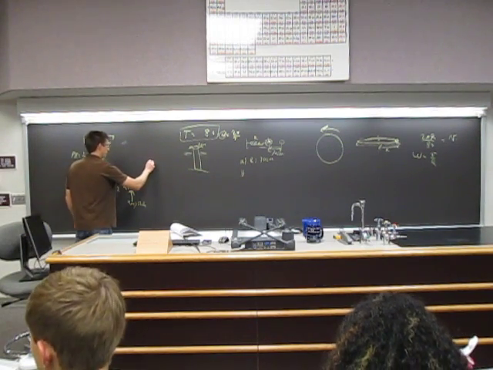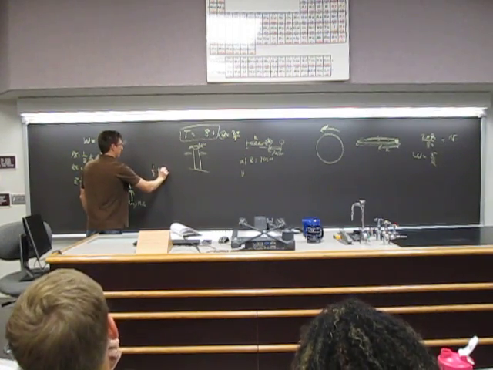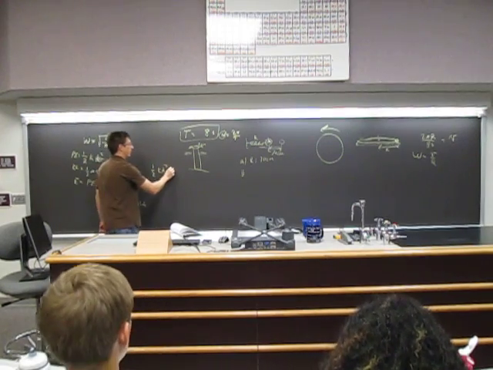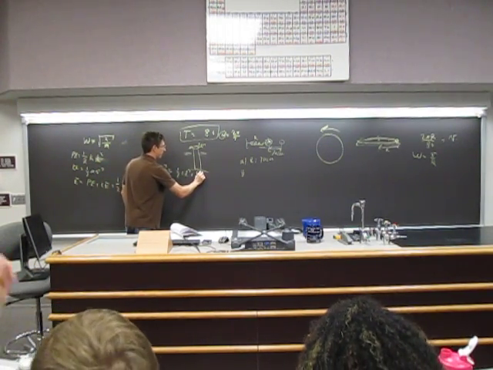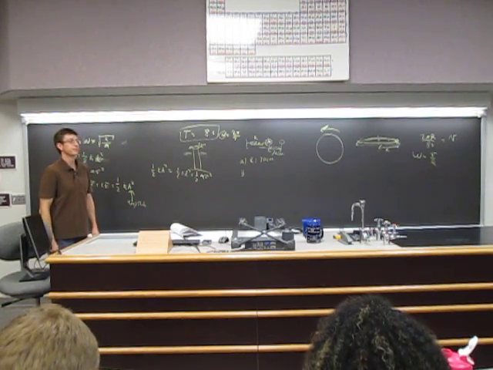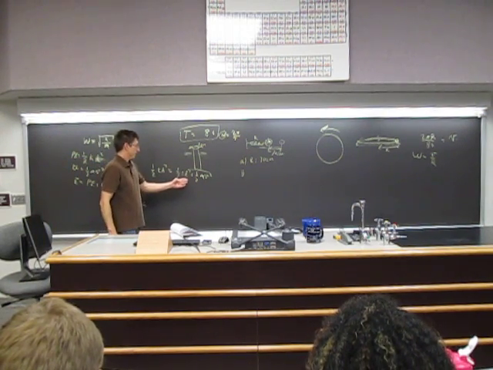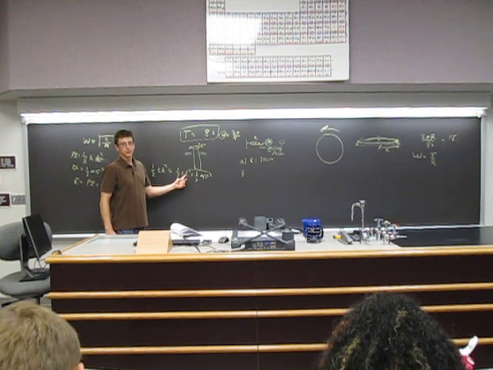Okay, so that would mean that 1/2 k A squared is the total energy. That has to equal 1/2 k d squared plus 1/2 m v squared at any given point, right? So if it's going through the center, what's the d, the displacement from equilibrium?